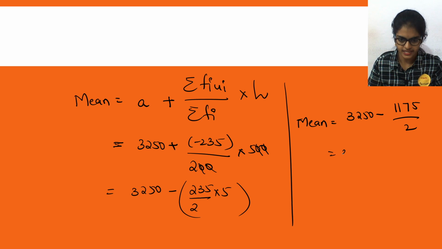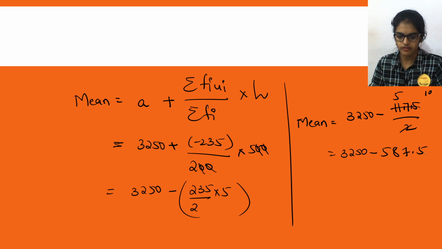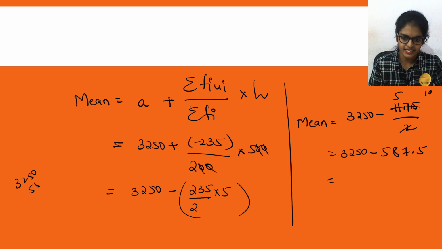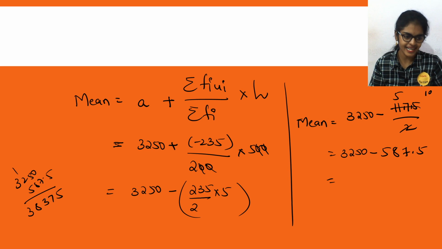Okay, so that is equal to 3250 minus 1175, so that is equal to 3250.5 and so on. So add, you will get 10 plus 3, 13, 7 plus 1, 8, 3, 8.